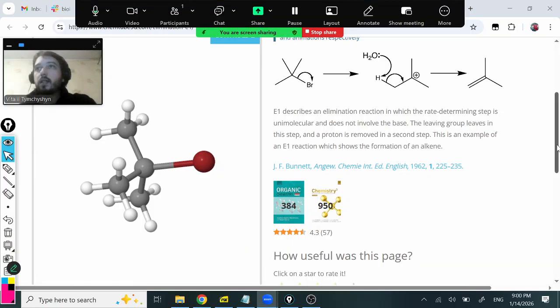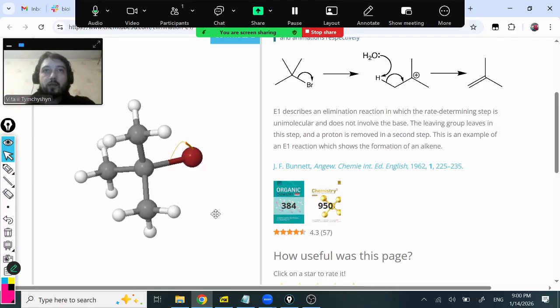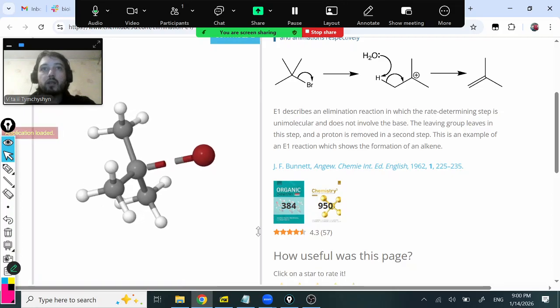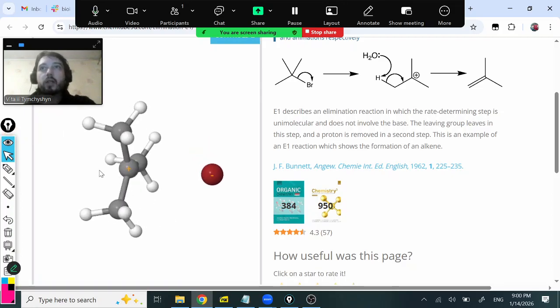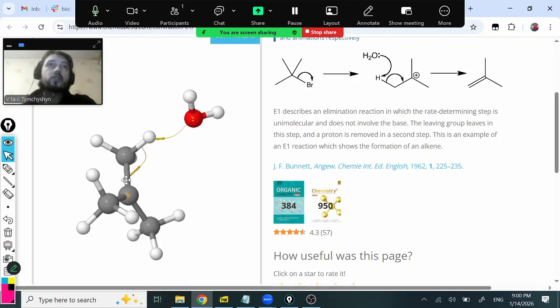Here is an example of what we have. Here's our bromine atom, and it is leaving. So here we have the leaving group leaving. Here we have our carbocation that is basically stabilized, its tertiary structure.